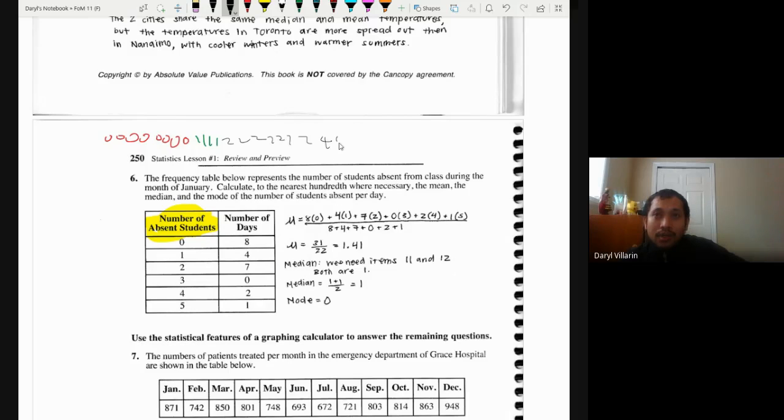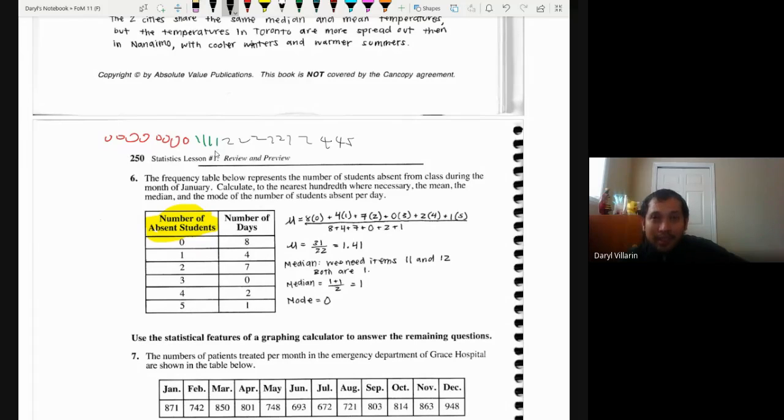So 4 and then 4. And then for 5, I have 1. Then if you count that, all in all, you have what? 8 plus 4 is 12, plus 7, it's 19, 20, 22. So all in all, these are 22 measurements.